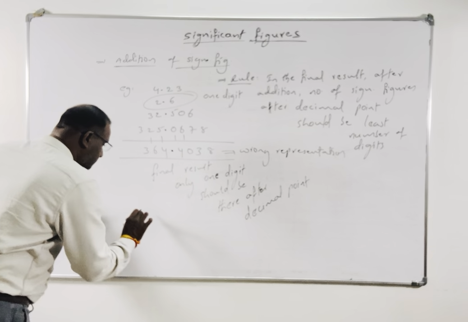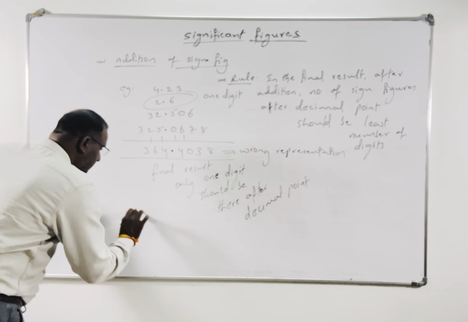So 364.4038, after rounding off, becomes 364.404. Why? Because this is more than 5, so we have to increase one digit.